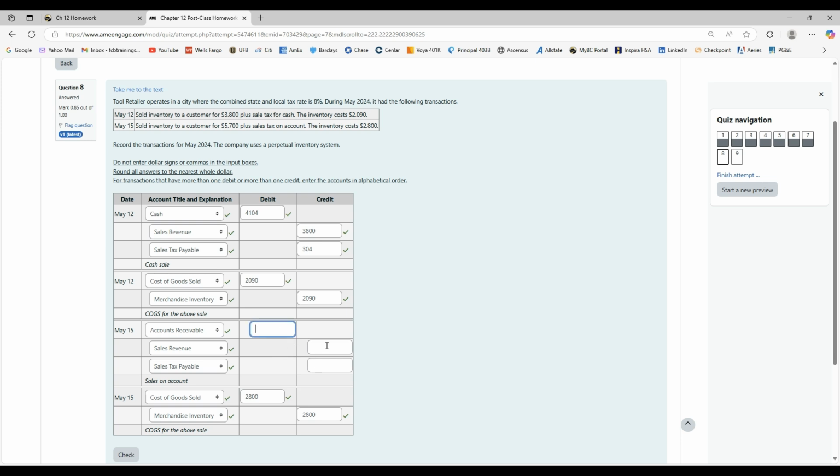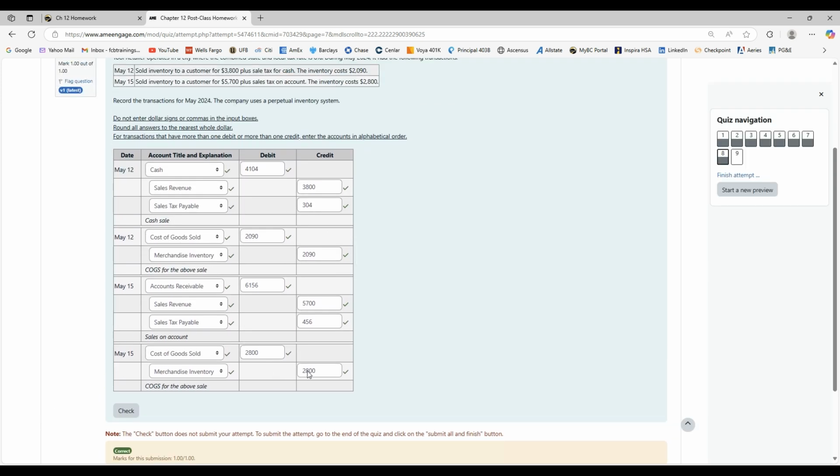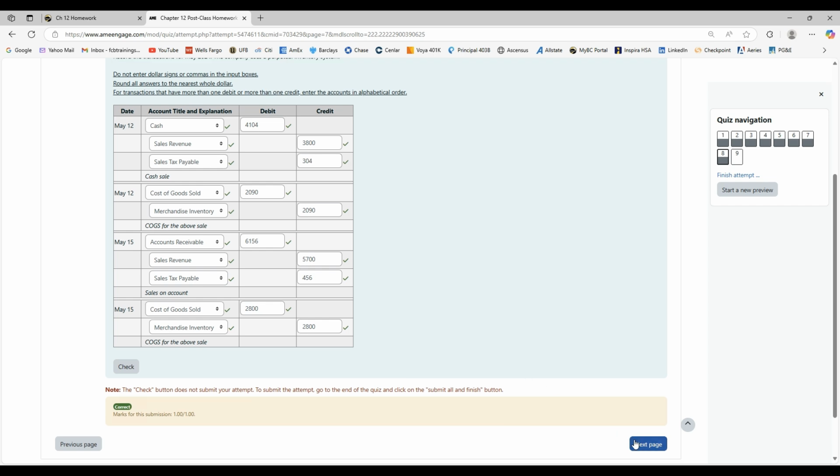Yeah, okay. Alphabetical order makes sense. Okay, so sales revenue is 5,700. Multiply that by 8% for the sales tax piece is 456. And then adding those together is 6,156. Sweet. Okay, that's everything there, 100%.